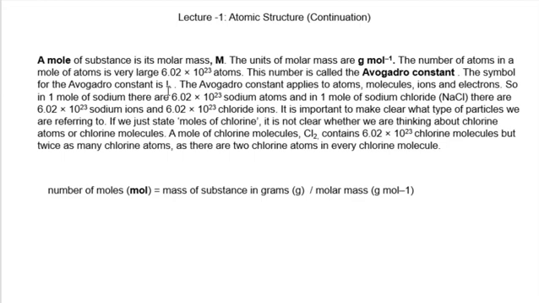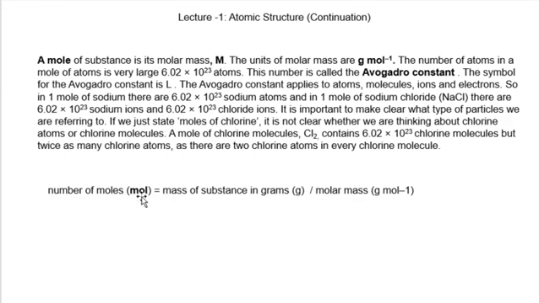Similarly, if we go for 1 mole of sodium chloride, we'll find that there are 6.02 × 10^23 sodium ions, as well as 6.02 × 10^23 chloride ions. We have to speak about it more carefully when we say we want to get the moles of chlorine or moles of chlorine molecules. We have to clarify it properly and then state it.